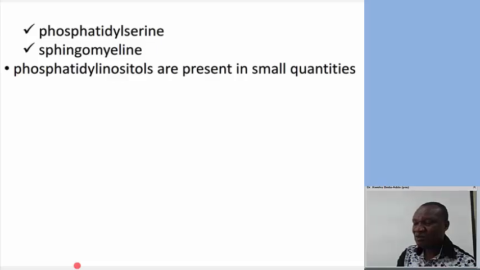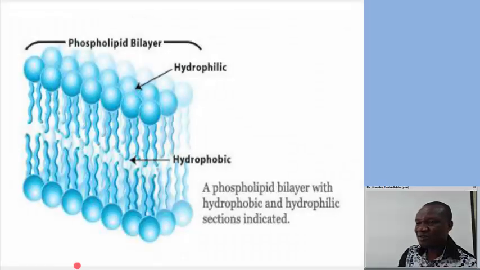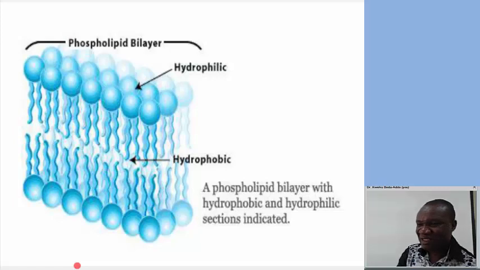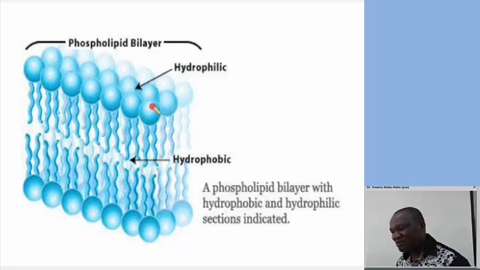Now, the structure. Each phospholipid has a head and two tails. The head is made up of phosphates and the tails are made up of fatty acids. The head is hydrophilic, meaning it's water-loving.